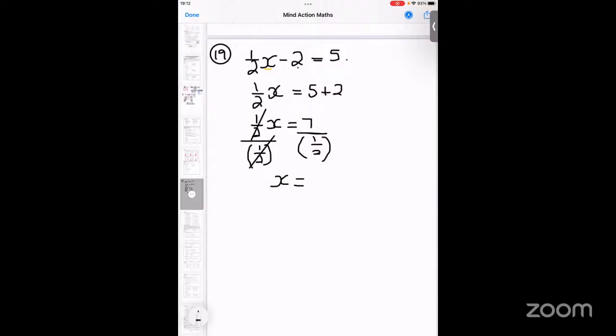So let's see, I'm just going to punch it on the other side, just so that I don't go out of that page. You must also be having your calculator where you say 7 over 1 over 2, and then it gives you 14. So that is the end of it.